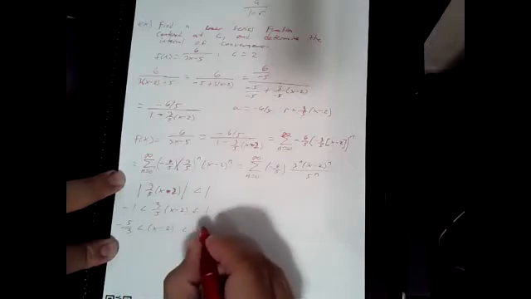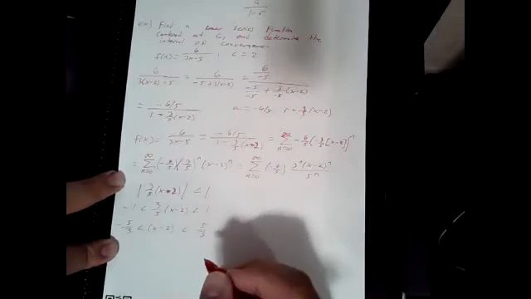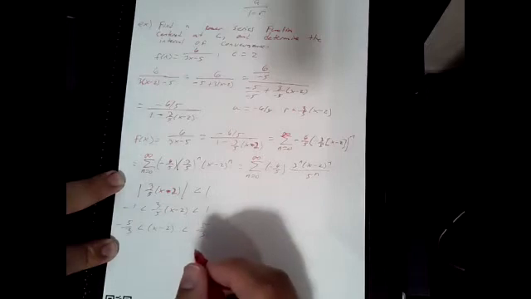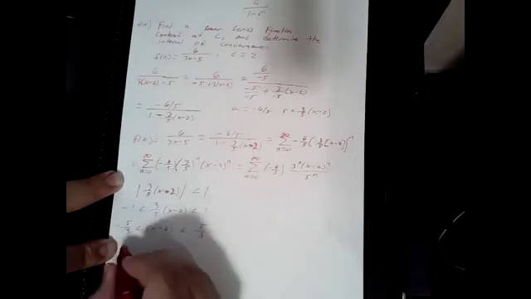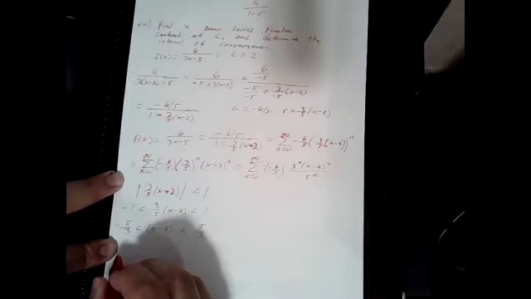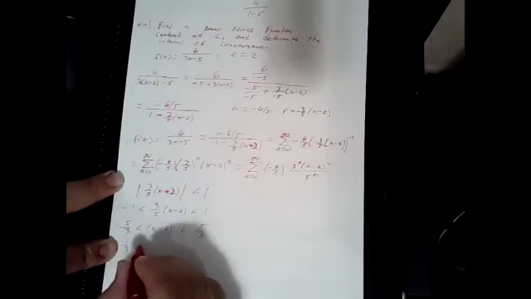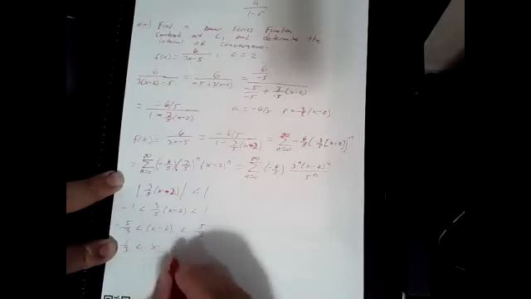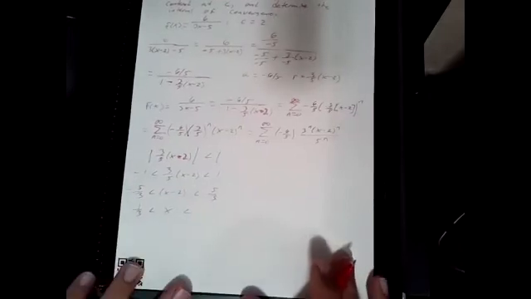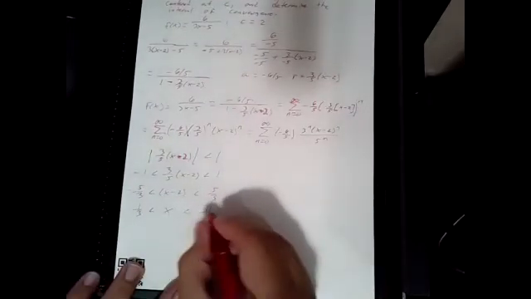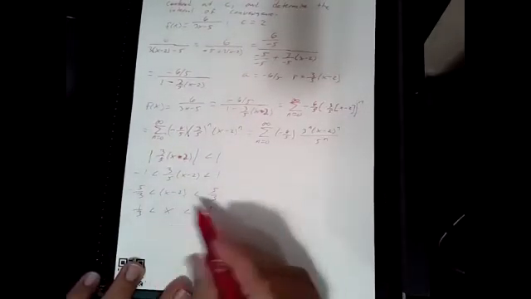Add 2 to both sides, that will be what? Yeah, we're solving for x, don't forget. So this would be the interval of convergence.